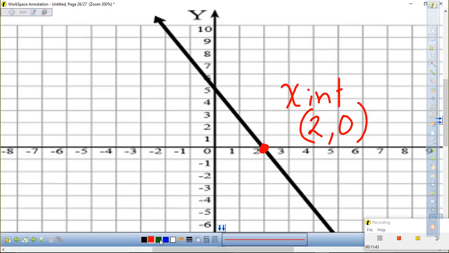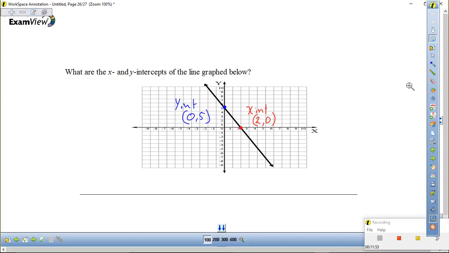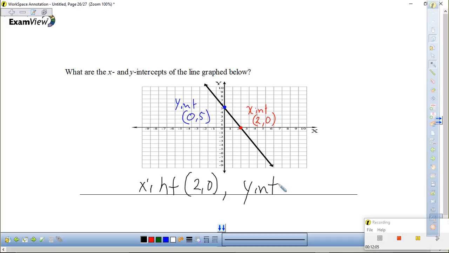That is correct. What is my y-intercept? 0, 5. Let me zoom out. So that's what I want to see here on this line. X-intercept is 2, 0. Y-intercept is 0, 5.